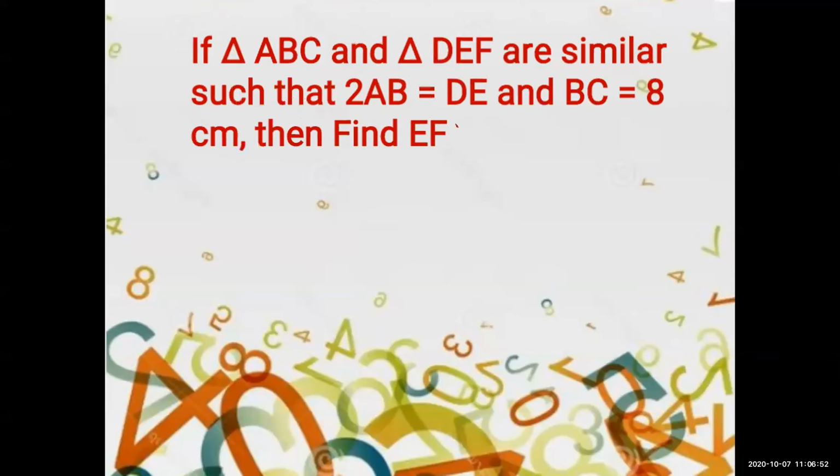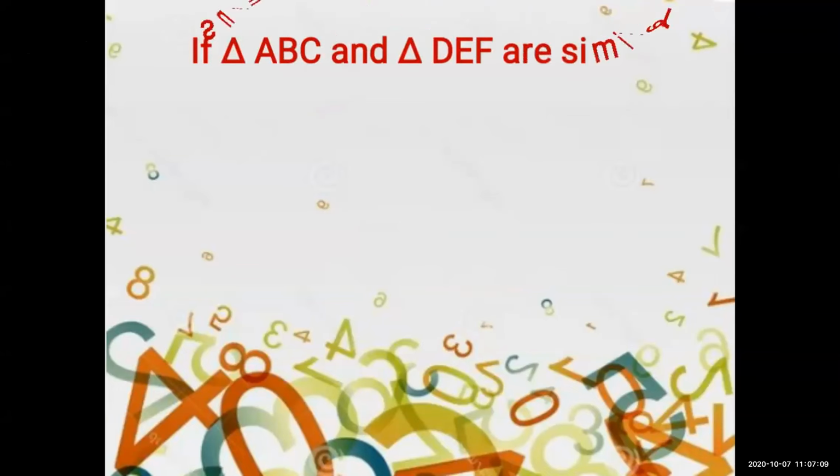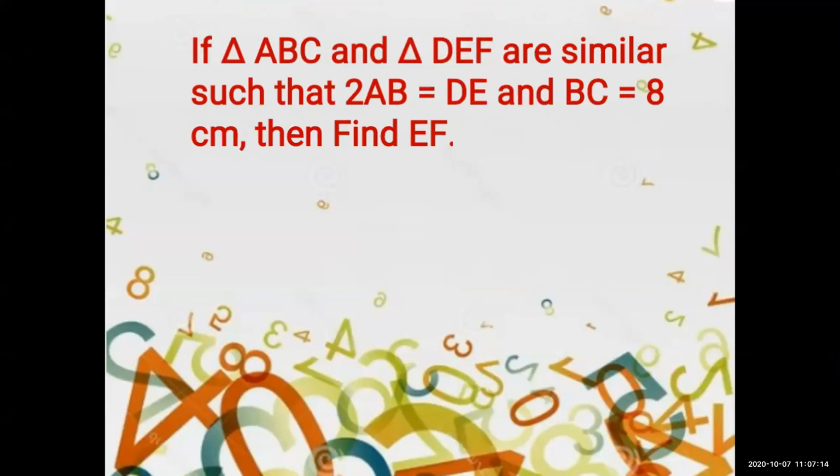If triangle ABC and triangle DEF are similar such that twice of AB is equal to DE, and BC is equal to 8 centimeter, then find EF.